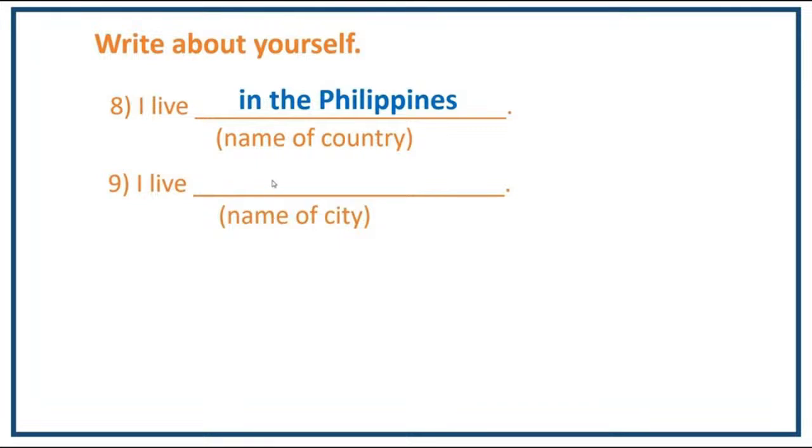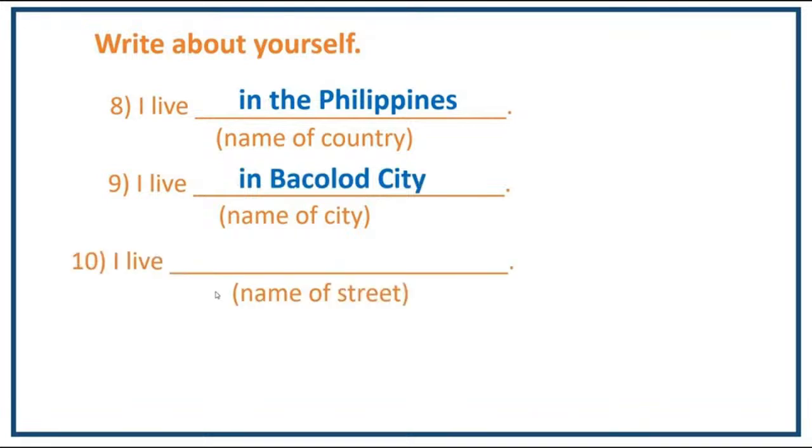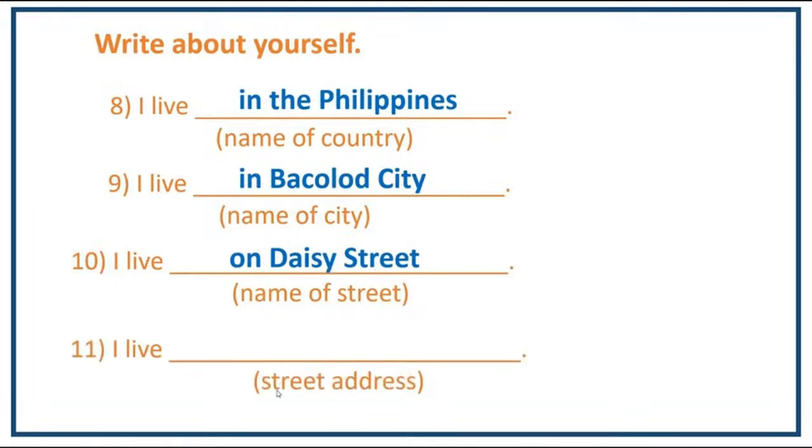So for the name of a city we use in, I live in Bacolod City. Number 10, only the name of the street, I live on Daisy Street. Alright? And number 11, here, street address. You have to write your street address. So, I live, this time around, I use at 17 Daisy Street.